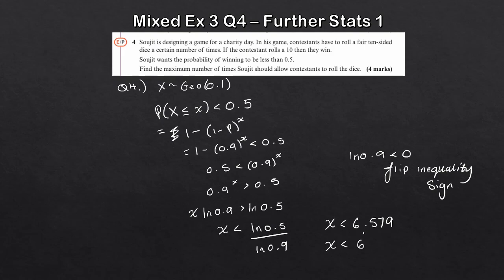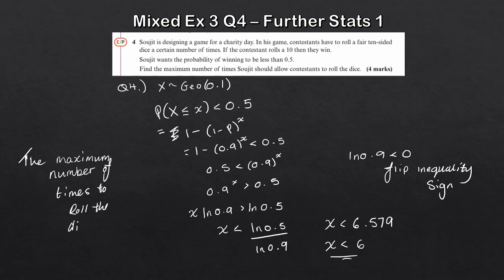Okay, and there we have it. So the maximum number of times to roll the dice is 6. Okay, so there we have it.